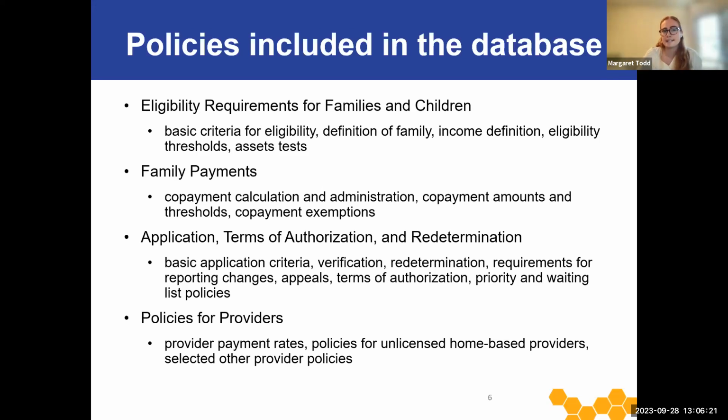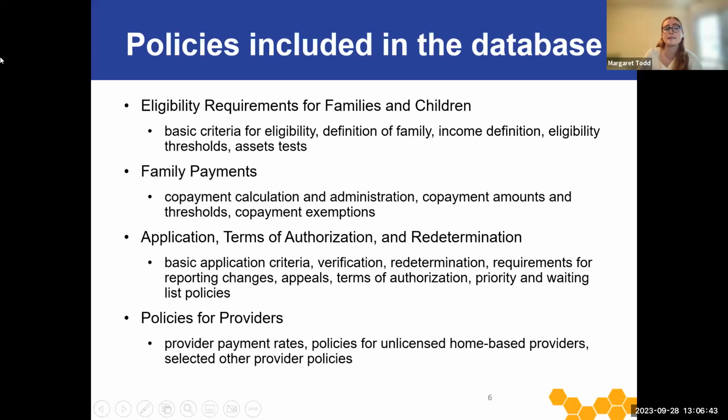The database contains information across several broad policy categories. This includes information about eligibility requirements for families and children, such as age requirements for children, activity requirements for parents, and income eligibility thresholds. The database also includes information on family copayment policies, including the full range of amounts and income thresholds in which groups are exempt from copayments.